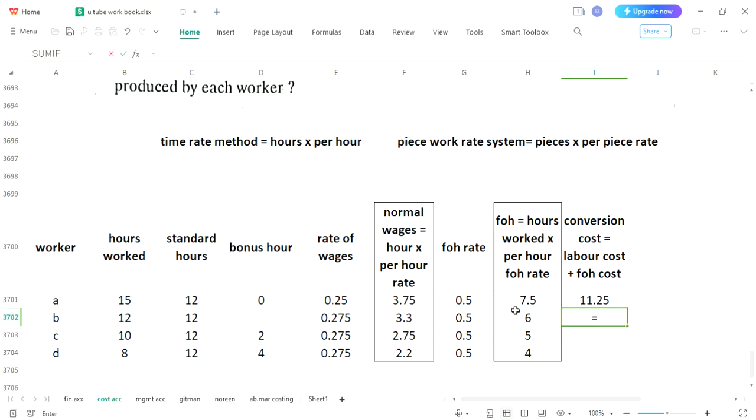Then second labor is 3.3, add FH cost which is 6, so second conversion cost. Then 2.75 plus FH cost 5, and then we have labor cost 2.2, add FH cost 4.